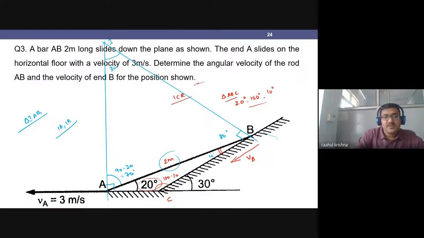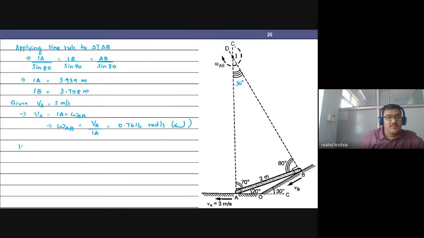Now in my question, I am asked to find the angular velocity of the rod and the velocity of the end B. Now VB equals IB into omega AB. So IB, which we found to be 3.758, into 0.7616.